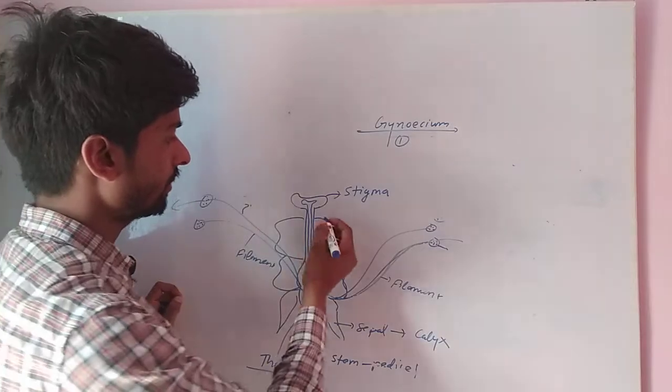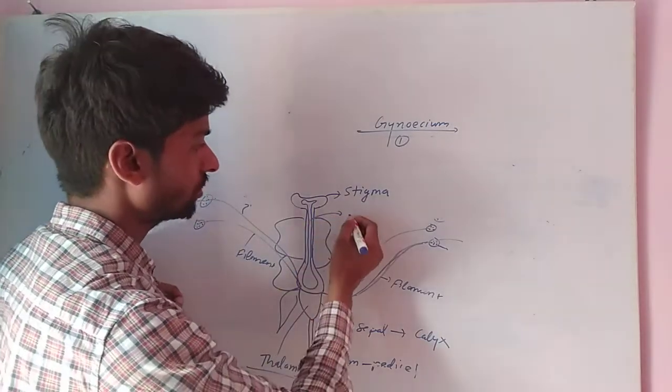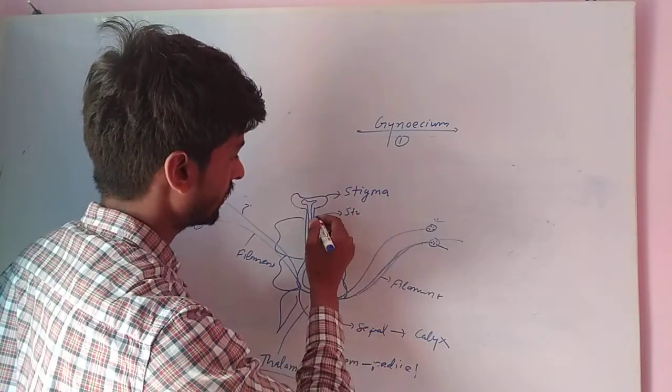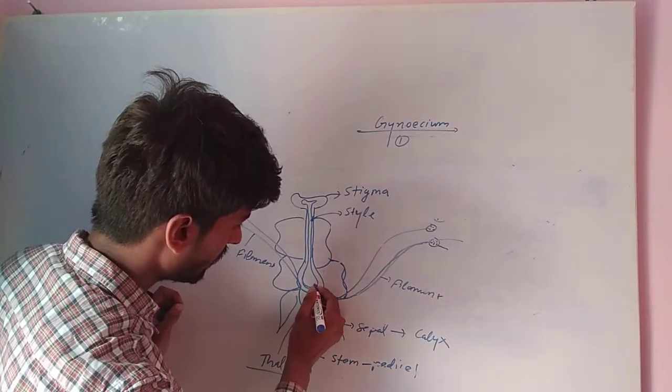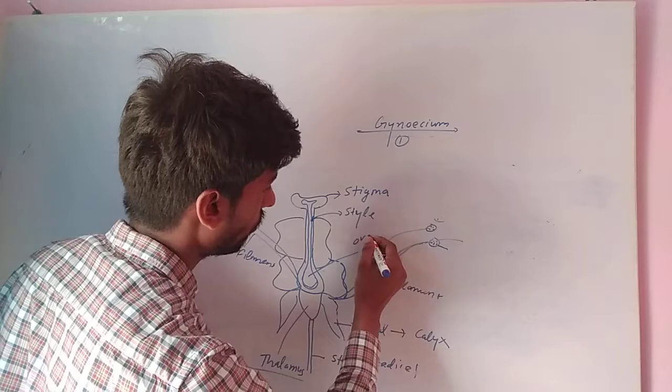It is the female part of the flower, and this one is known as a style. And you're looking at this one, this is known as an ovary.